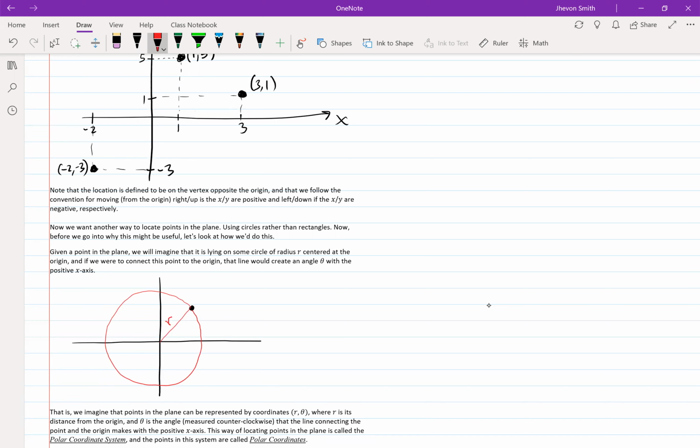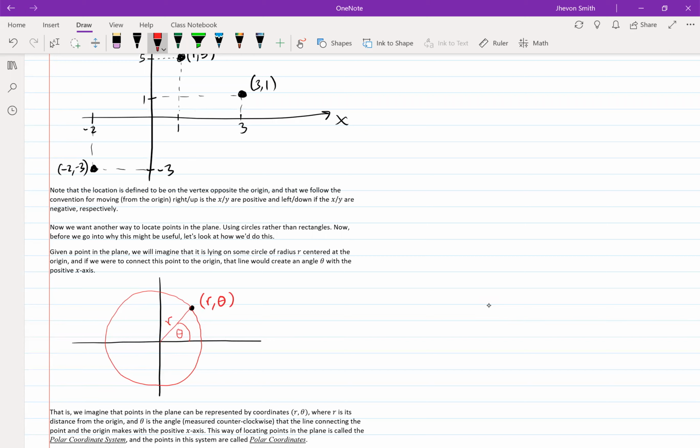calling that radius r, and the angle that is made by connecting the origin to that point, this is an angle theta. And so this coordinate would be the r theta coordinate, right?